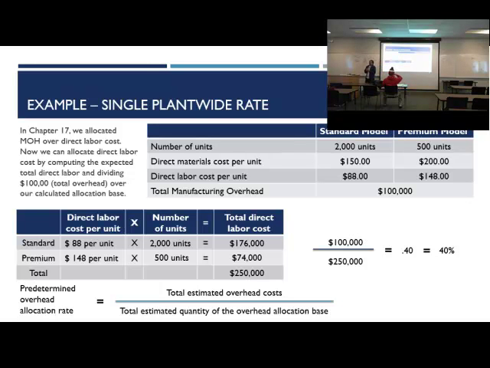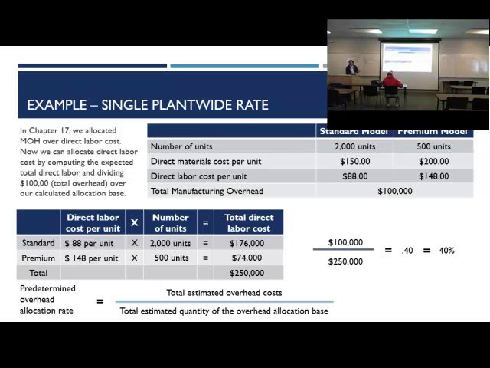So we are allocating 40% additional for overhead based on direct labor costs. What's our direct labor cost on one unit for the standard model? $88.